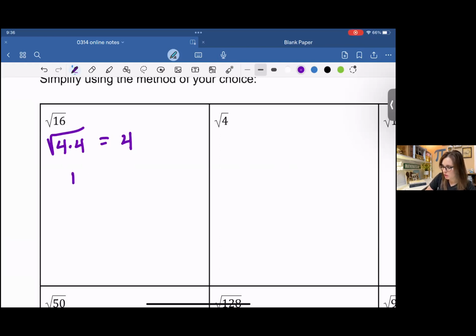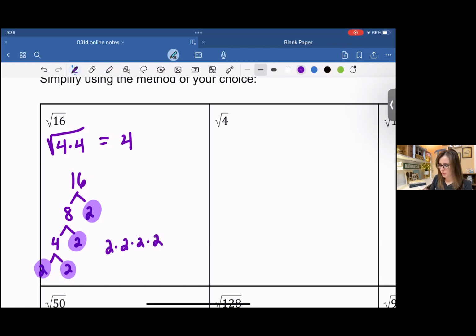But if you wanted to do prime factorization, you could do 4 times 4 or 8 times 2, just to show you that it doesn't matter which pairs you pick to do your prime factorization. You're still going to end up with 2 to the 4th, 2 times 2 times 2 times 2.